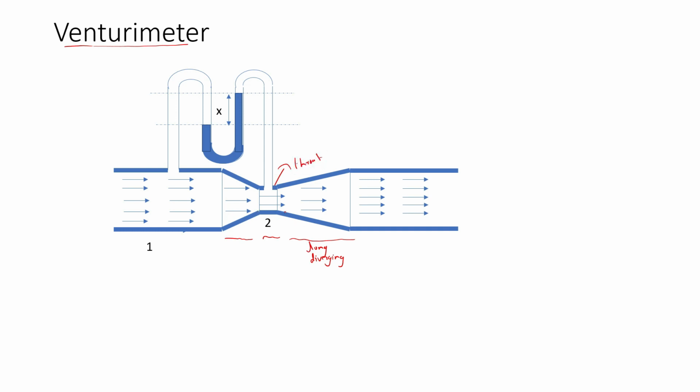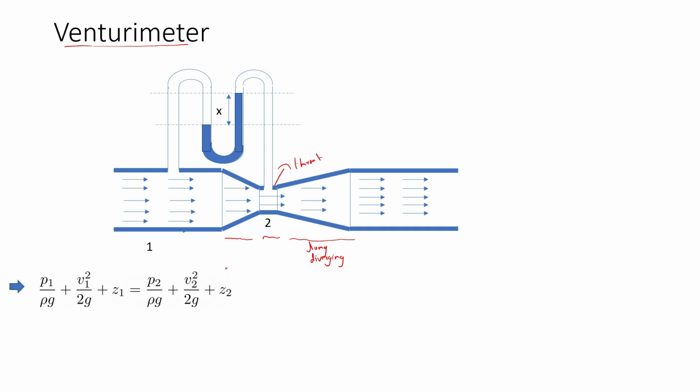The length of the diverging part is deliberately kept long to avoid minor losses, because if there is a sudden expansion there will be losses due to eddy formation. In order to avoid that, we have a long pipe.